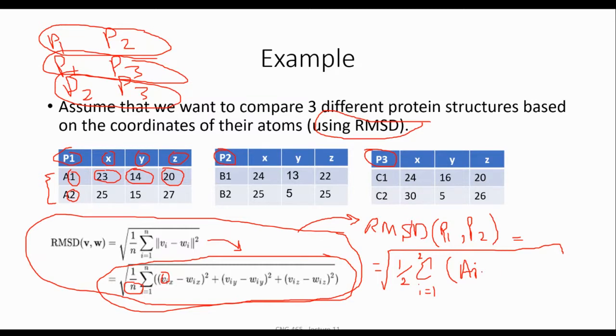And here we can say, for example, x minus, now I want to compare protein 1 with protein 2, so here I have B instead of A. So B_i x. But here also we should be careful to include all of them in terms of y and so on. So power 2 plus this one continues.